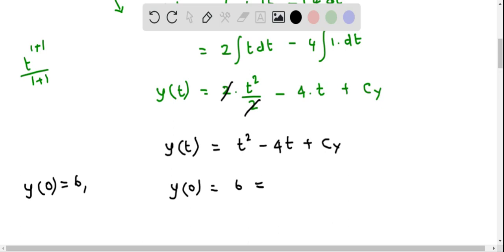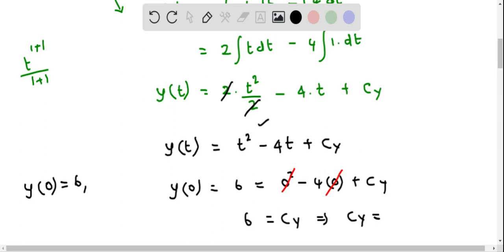And we plug in t equal to 0 here. This becomes 0 squared minus 4 times 0 plus cy. So these two terms get cancelled because they are 0, and we are left with 6 equals cy. And this implies cy, that is the integral constant for y of t function, is 6.